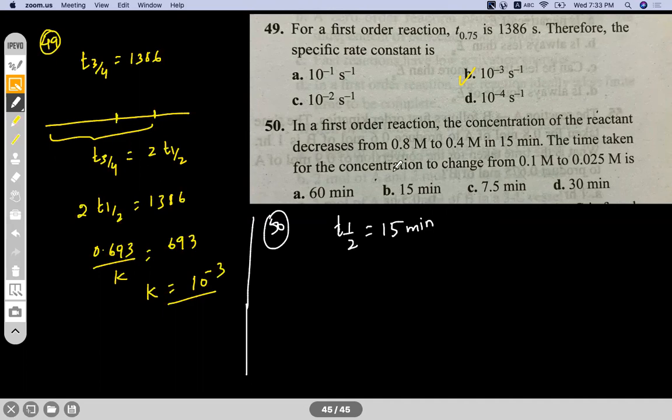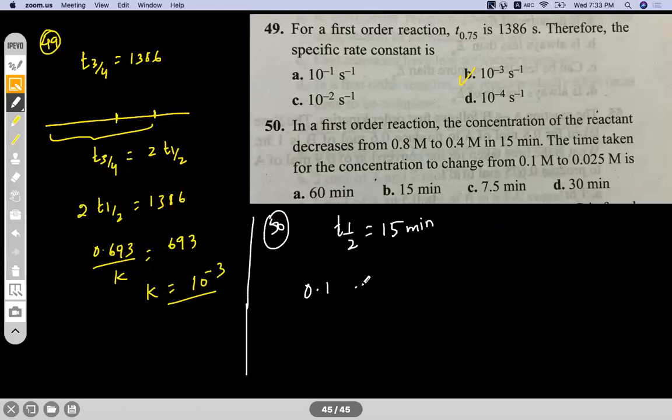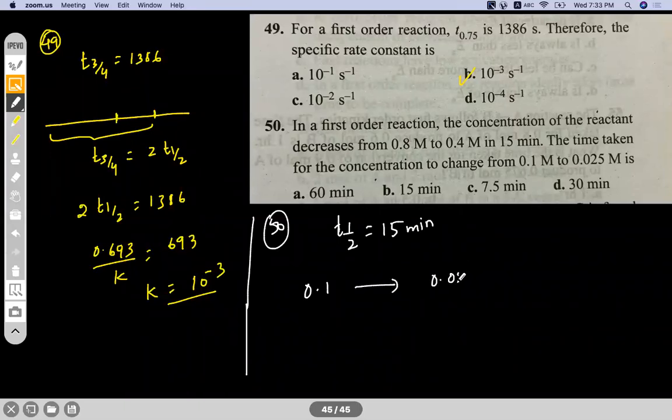The time taken for the concentration to change from 0.1 to 0.025: 0.1 to 0.05 is half of it, it will take 15 minutes, and 0.05 to 0.025, one more half-life we require, right? So the total time will be 2 times T half. Directly you can say 30 minutes is the answer.